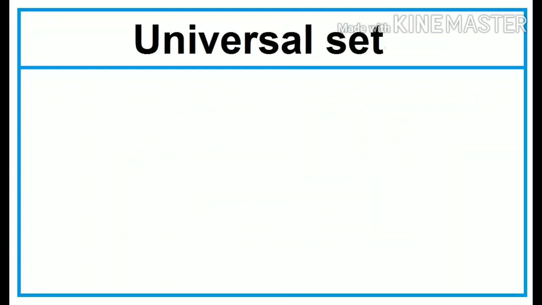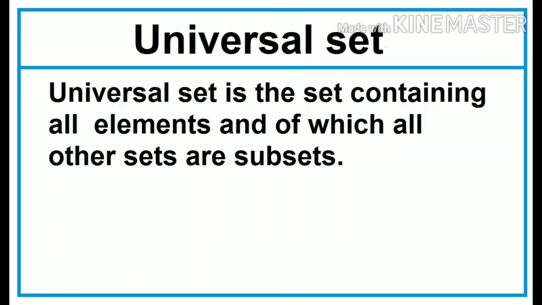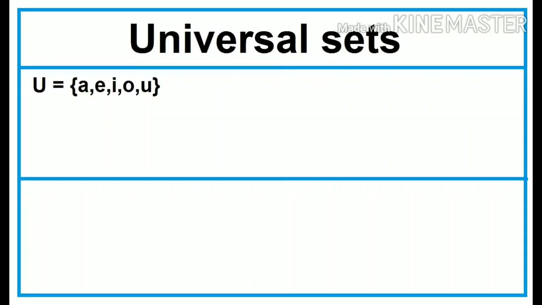Next one is universal set. A universal set is the set containing all elements, of which all other sets are subsets. Let's take an example. The vowels in the English alphabet form set U. U is equal to {A, E, I, O, U}.